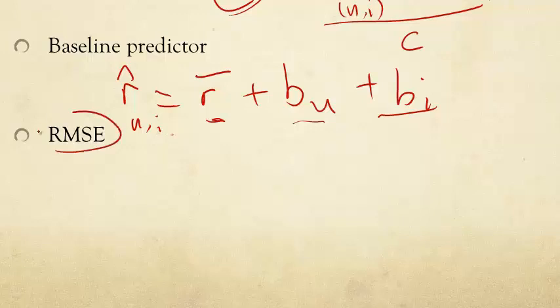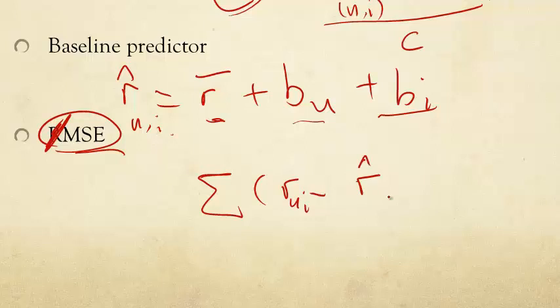And now we can look at the root mean squared error. We can also take the square of this root. So we'll just look at the mean squared error, because that doesn't change our answer of the optimal parameters. So we look at the summation of the difference squared, the difference between R_ui and R hat_ui, squared. We can also delete the step of dividing by the total number of ratings, because that's just a constant that doesn't change our answers.